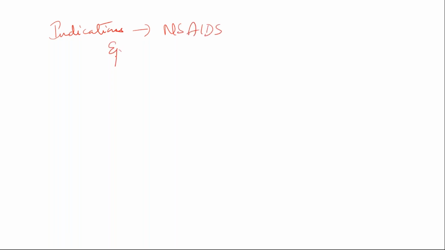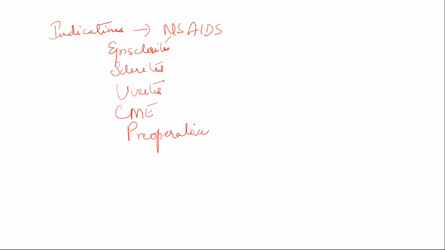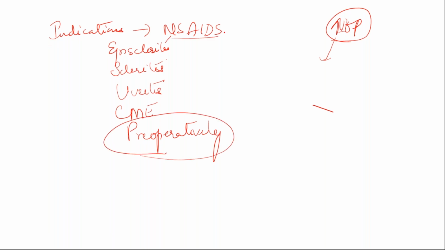So coming to indications of NSAIDs, episcleritis, as usual, scleritis, uveitis, if the inflammation is less, cystoid macular edema, and sometimes we can give preoperatively also. Because initially, if you give high steroids, there will be an increase in IOP, which is one of the complications with corticosteroids. Then it is not apt to do surgery if the IOP is raised. So preoperatively, we can give non-steroidal anti-inflammatory drugs.